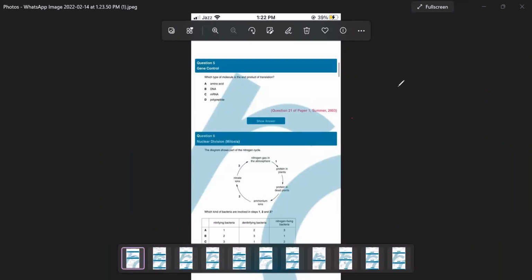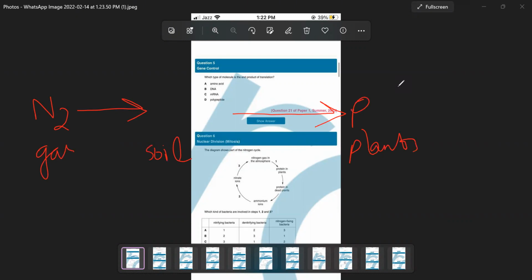You had N2 in the atmosphere, a gas that was sent into the soil, and from the soil it's used up in the plants. In the plants, it's used up for proteins, right? So there's a process of absorption, but what's the process that converts into this middle product?